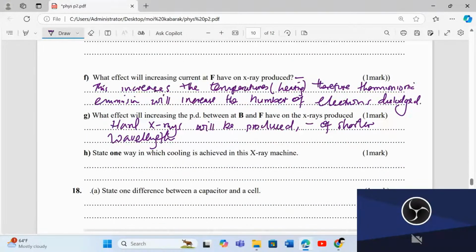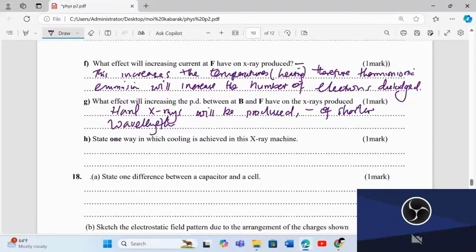We can use those two mechanisms. One, we have circulating oil. Then we have the cooling fins.